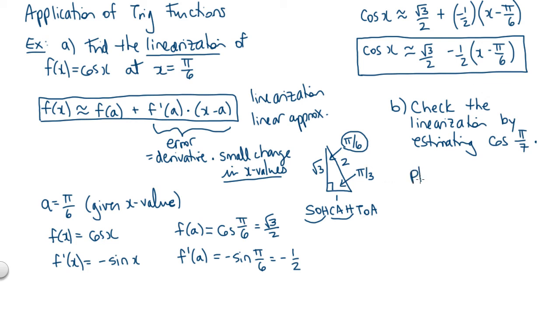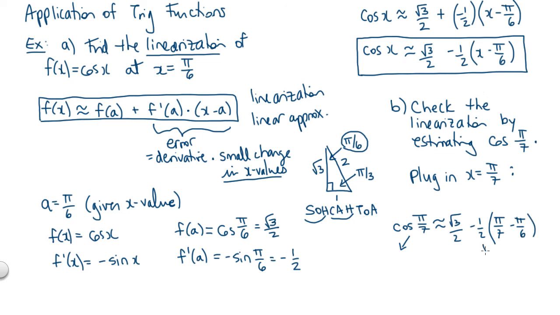So all we have to do is plug in x equals pi over 7, and we'll check both sides of this approximation on our calculator. On the left side, we've got cos of pi over 7. We'll check that value in a minute, and we're going to compare that to root 3 over 2 minus 1/2 times pi over 7 minus pi over 6.